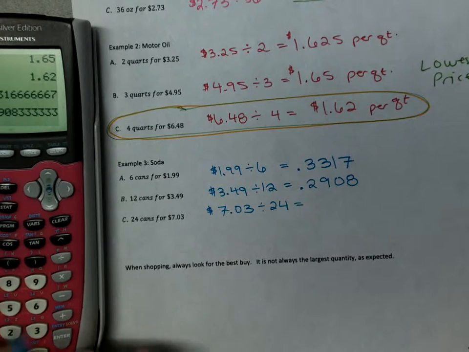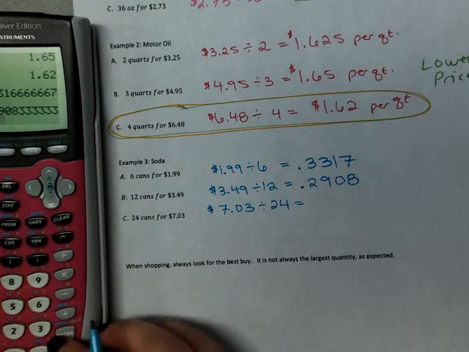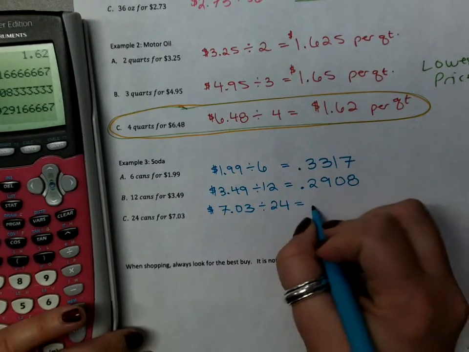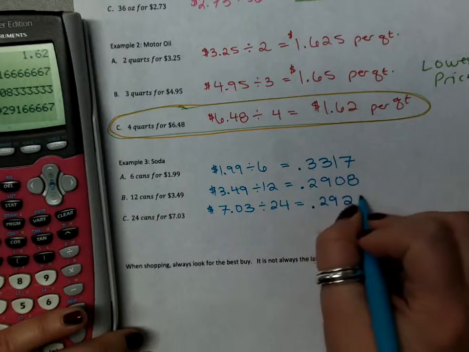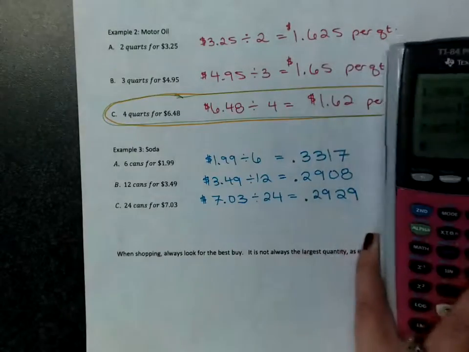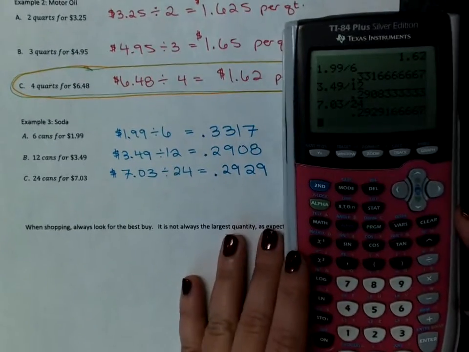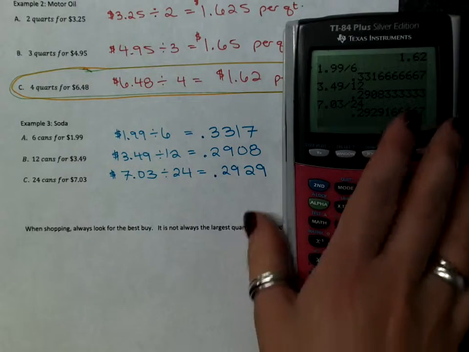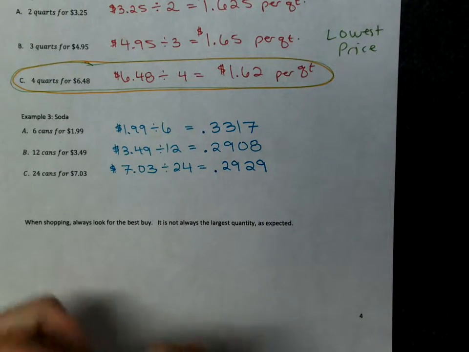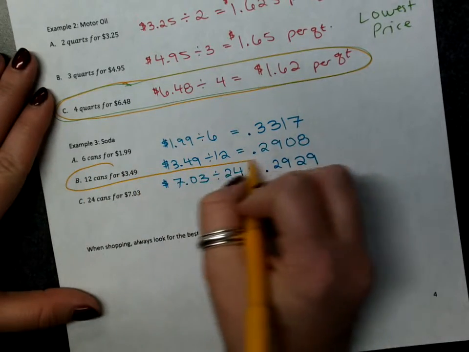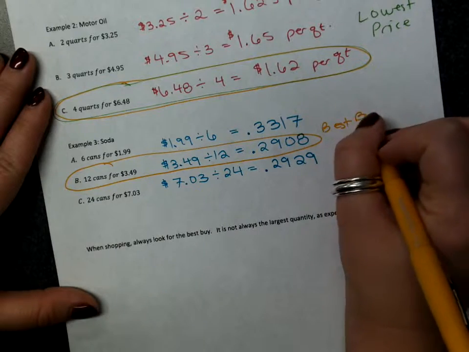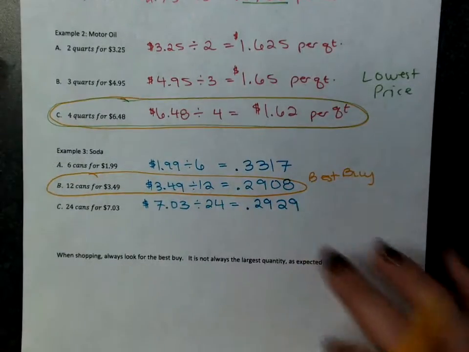And $7.03 divided by 24 would be 0.2929. So I'm dividing the money by the amount every time, and we're looking for the lowest price, the best buy. And it looks like option B would be the best buy, which is again the lowest unit rate.